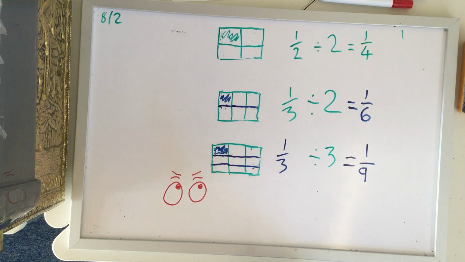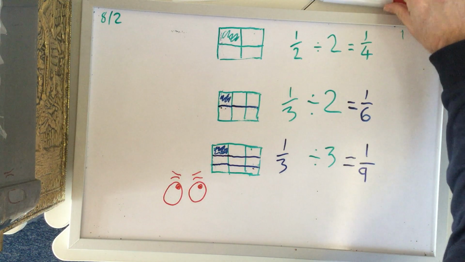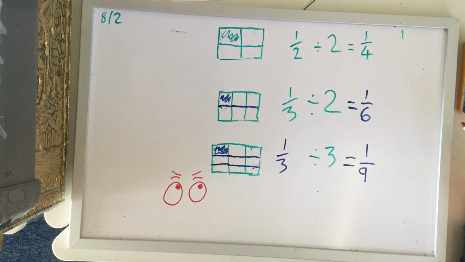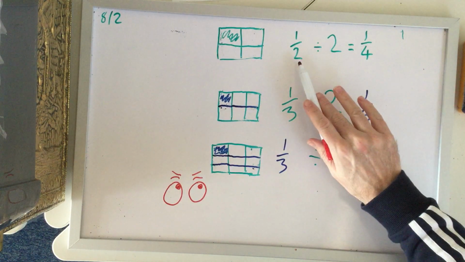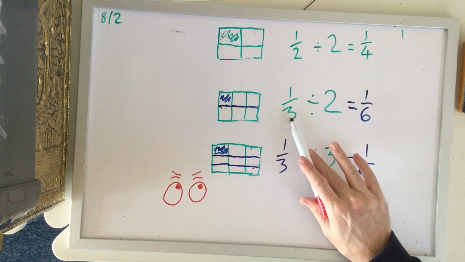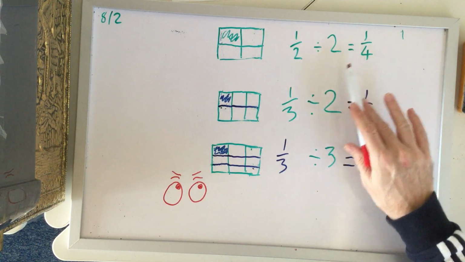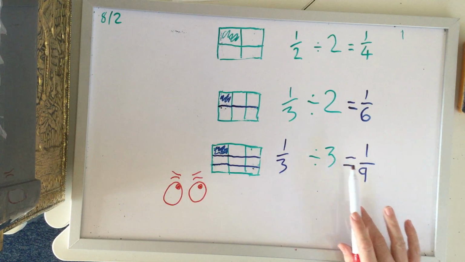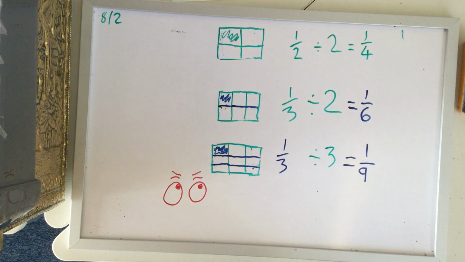If we take this one at the top, a half divided by 2 was 1/4. Now you might start noticing the relationship: 2 and 2 and 4, 3 and 2 and 6, 3 and 3 and 9. What do you notice?